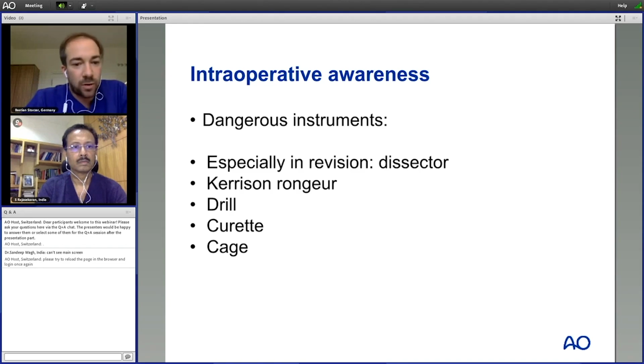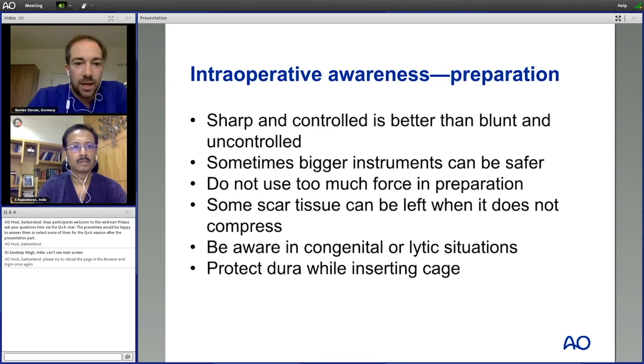Kerrison rongeur, of course. The drill, as we saw before, there's sharp drills and diamond burrs, which are better. Curette can be a problem as well. And of course, in MIS TLIF, the cage insertions, so always protect the dura. So in our opinion, sometimes sharp and controlled is better than blunt and uncontrolled.